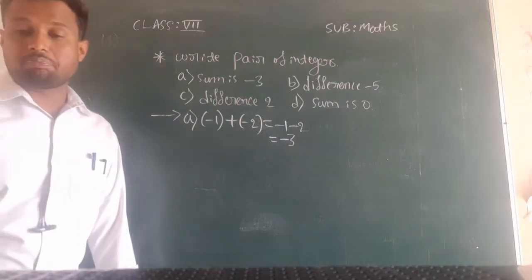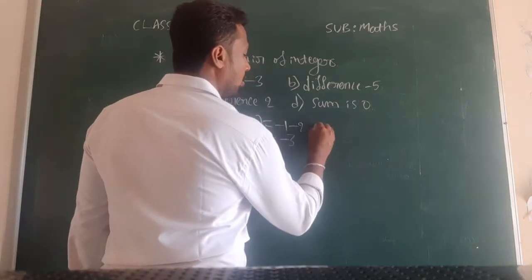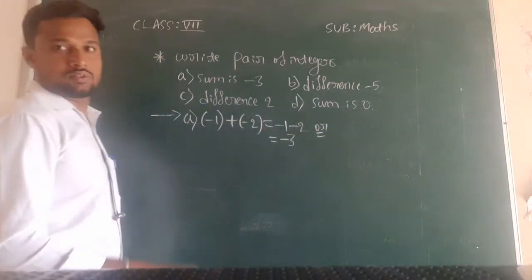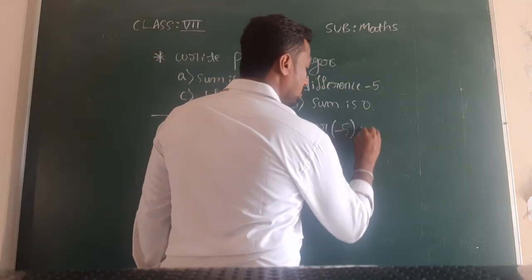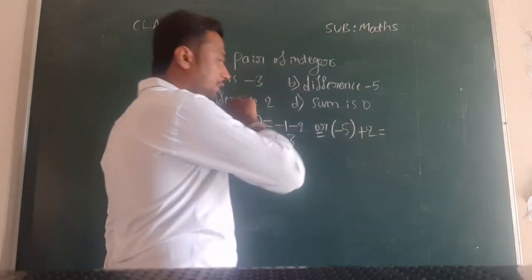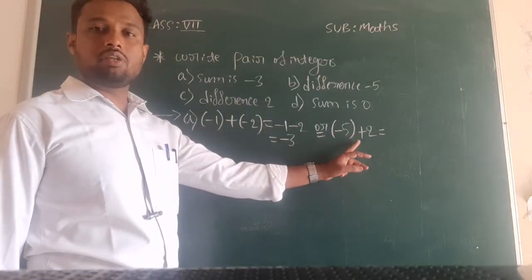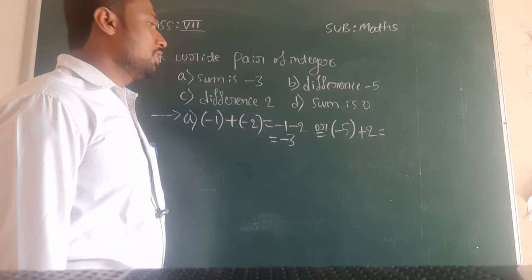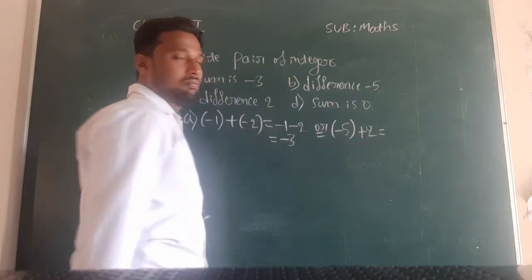Okay, one more example they have given here, minus 5 plus 2. I will consider this one. Here you can see minus 5 plus 2, in the middle plus means we are adding. Minus into plus is minus.